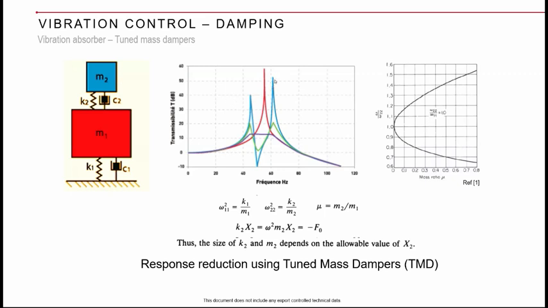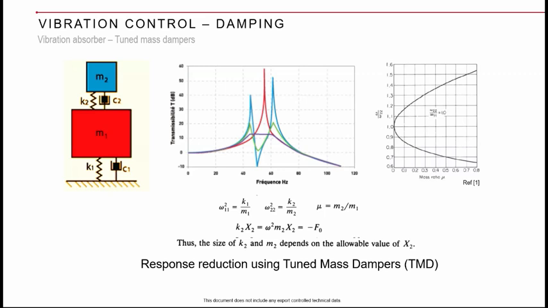Okay, so the secondary mass will have a bit higher responses than the primary mass, but the primary mass will be surviving the kind of response excitations that we have. So with this kind of approach, we can mitigate the vibration environment and various other factors that we discussed in the beginning.